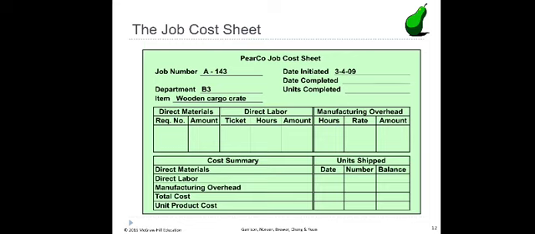For every catering service, the business has to create one job cost sheet. Let's say in one month there are 10 catering services. Then the business has to use 10 job cost sheets, one for every service. If the business produces a product, then it should use one job cost sheet for every product.